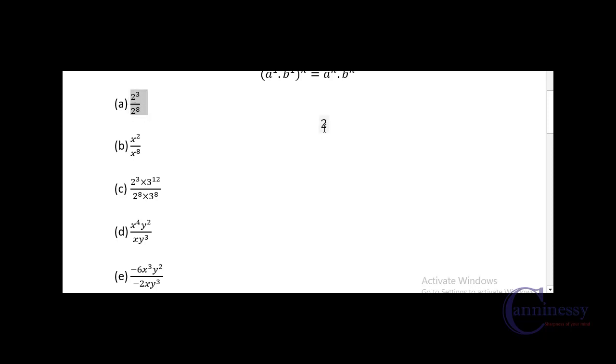Here is going to be 2 to the exponent 3 minus 8. Here we applied the second law, right?